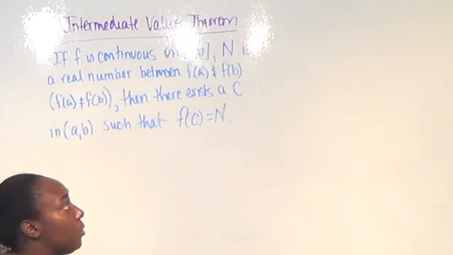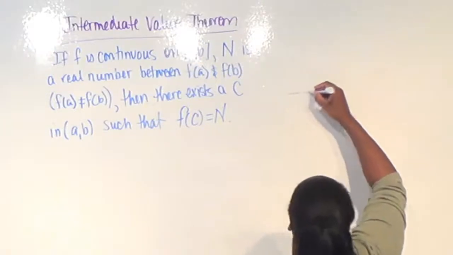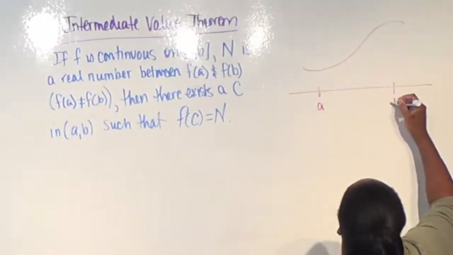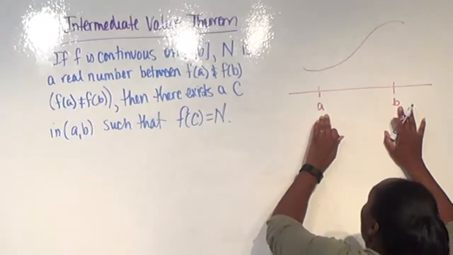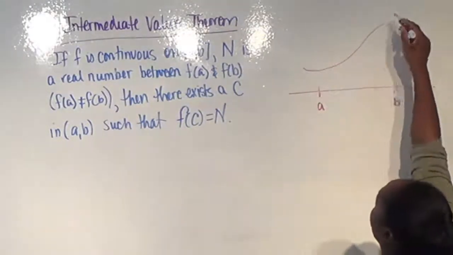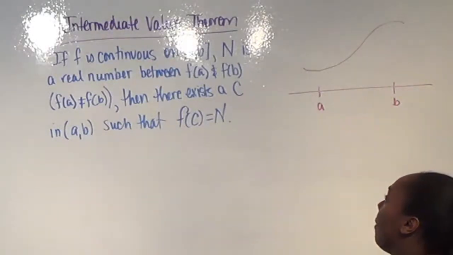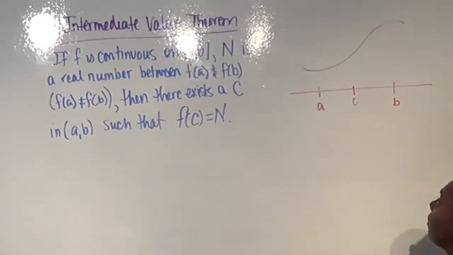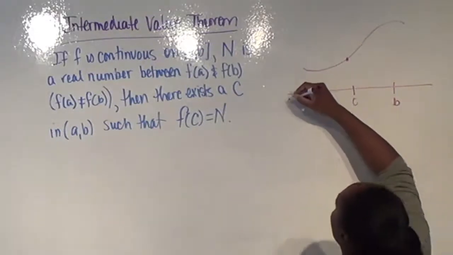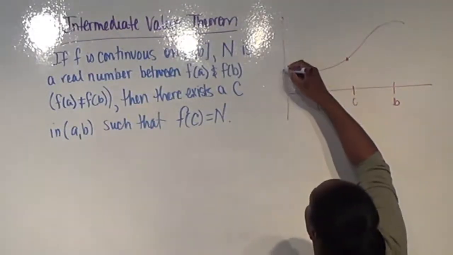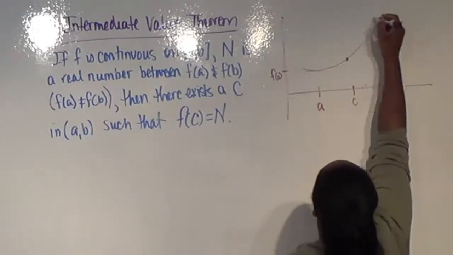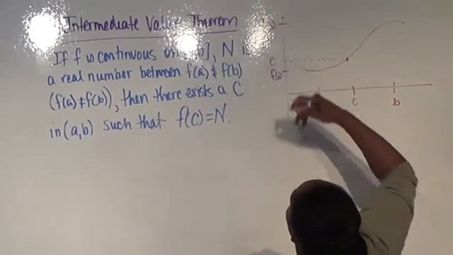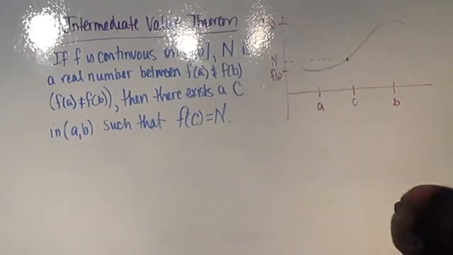And so here, if we look at this pictorially, it says if I've got some function that is continuous on some interval a to b, and these values are not the same, so here I have f of a down here, f of b is up there, they're clearly not the same, then there's a point in this interval, it doesn't have to be in the center of the interval, but somewhere in that interval, such that when I go to look at the y values, here's my f of a, here's my f of b, there's this value c, that's got to fall, n, that's got to fall between them.